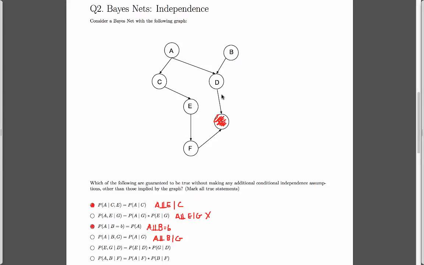Because we're conditioning on a node right here, this path becomes active by the rules of d-separation. So therefore, these nodes are not independent in this scenario. So this is not true.